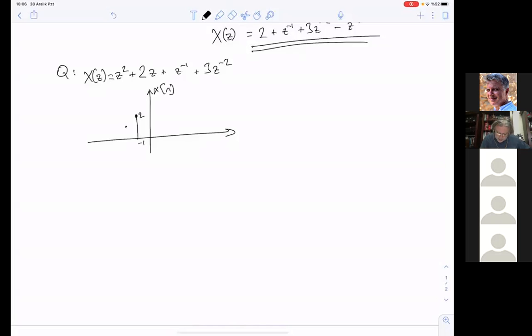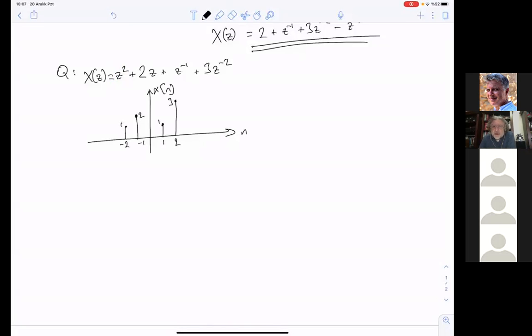It's equal to 1 at -2, because this is 1 times z squared. And it is equal to 1 at n is equal to 1. And it's equal to 3 at n is equal to 2. So this is my signal.